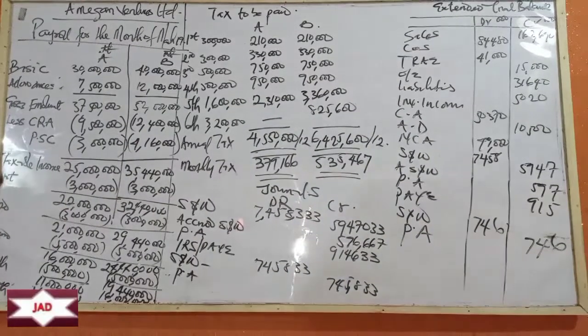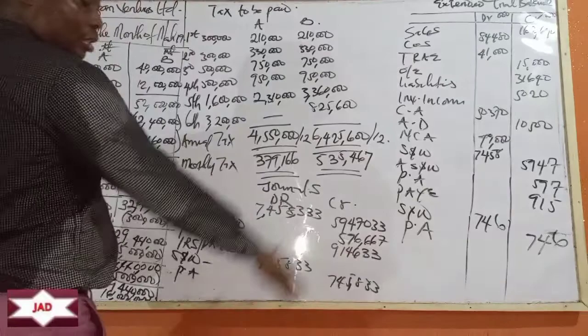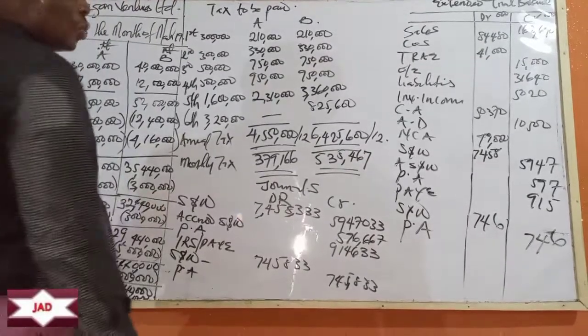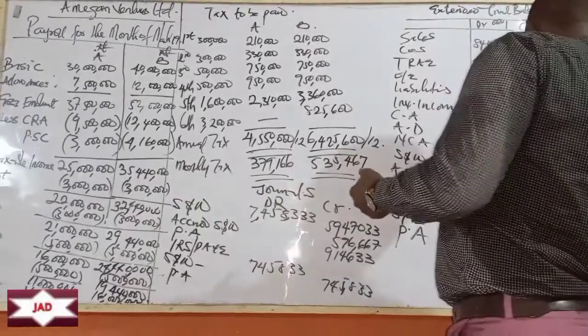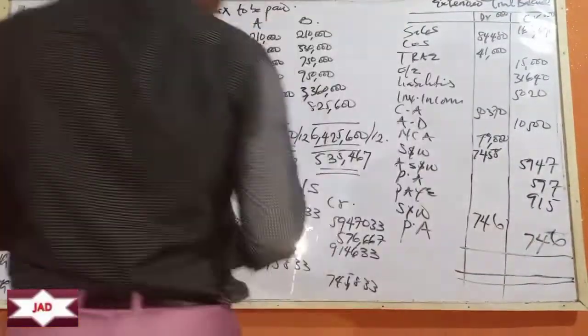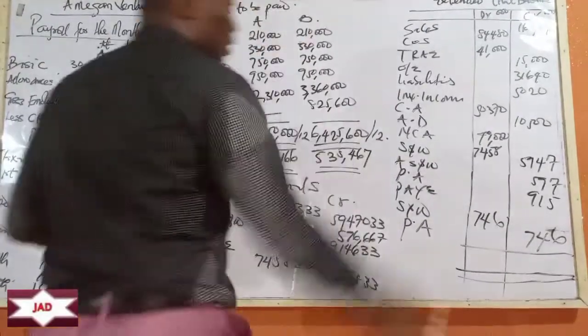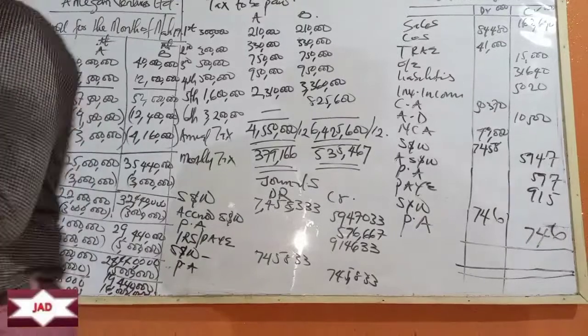So now we have included all the new items. That gives us the trial balance. If you add up, you should have the debit side equaling the credit side. So let's try adding up.